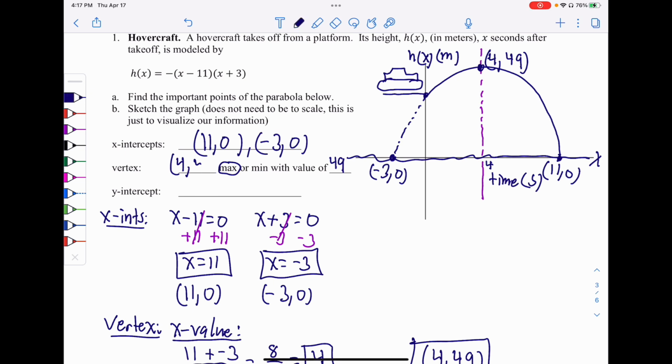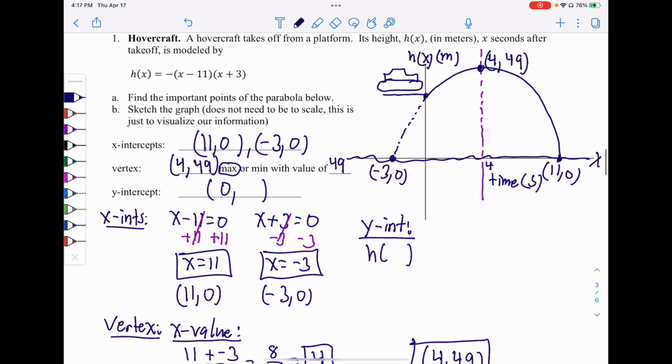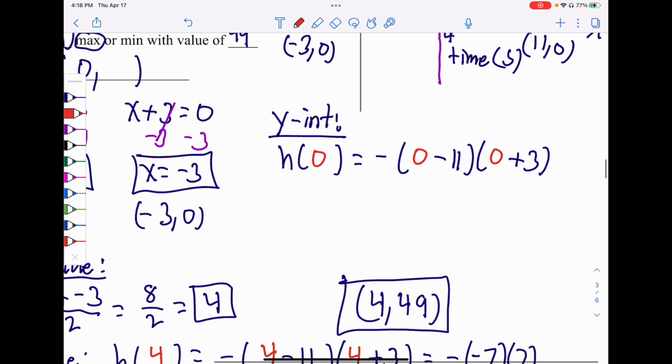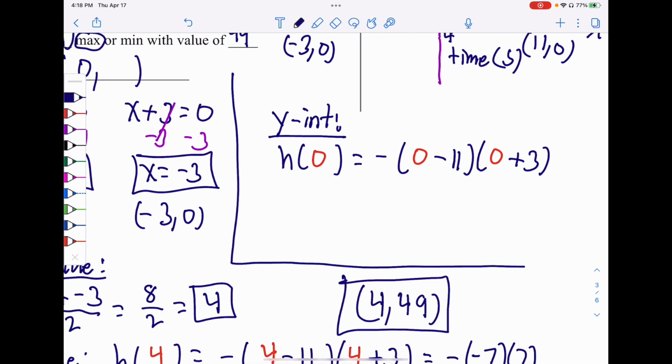And our y-intercept is going to be 0, something. So y-intercept, we substitute 0. So h of 0, so height at 0 seconds. So negative 0 minus 11 times 0 plus 3. So 0 minus 11, negative 11. 0 plus 3, 3.